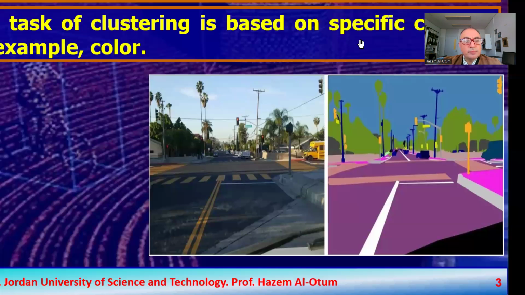This includes, for example, the road with the road signs. Here, another object. Here we have the trees, and here we have the electric poles, etc. So in the input image here, we have the image itself, while at the output we have a sort of segmentation of the image in this example.